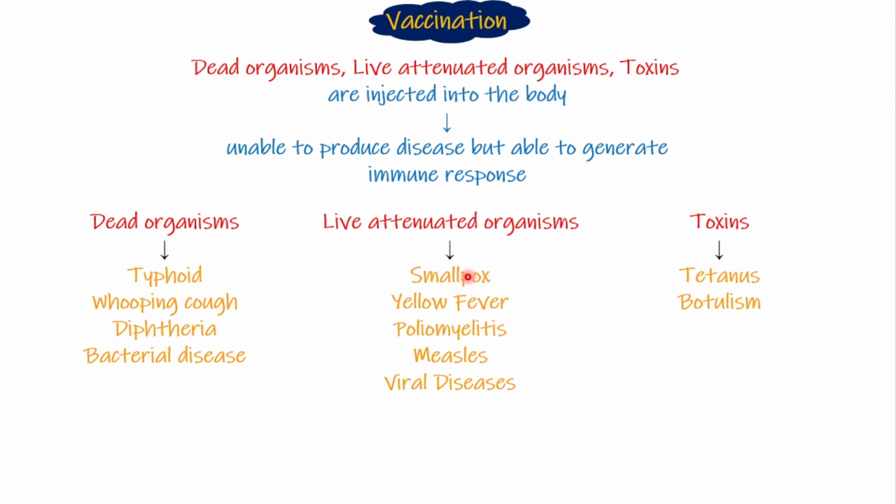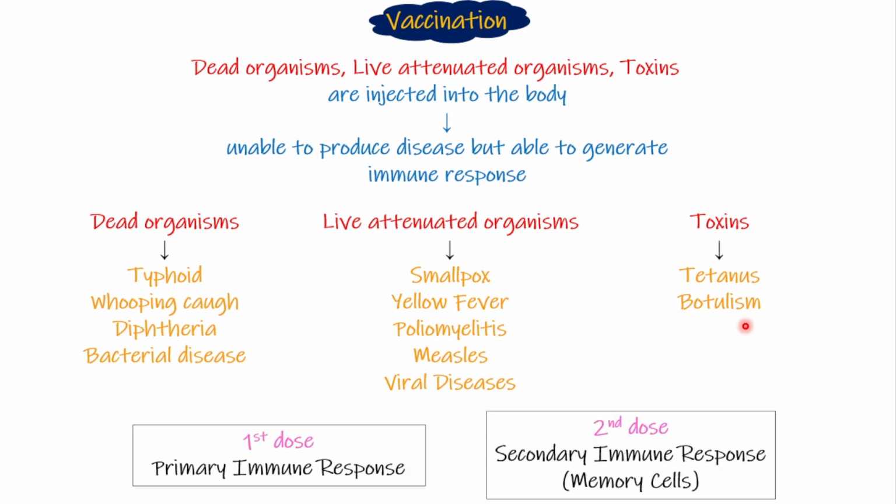Live attenuated include smallpox, yellow fever, poliomyelitis, measles, and viral diseases, whereas the vaccines made up of toxins are of tetanus and botulism. So this is a very small lecture regarding vaccination. Very limited detail regarding vaccination is given in Guyton. See you in the next part.